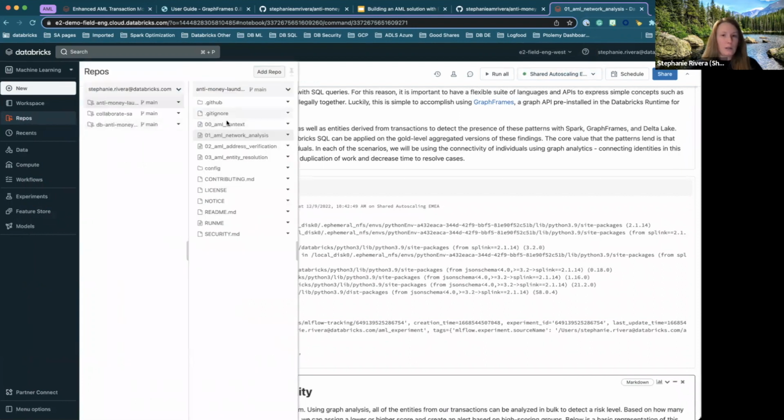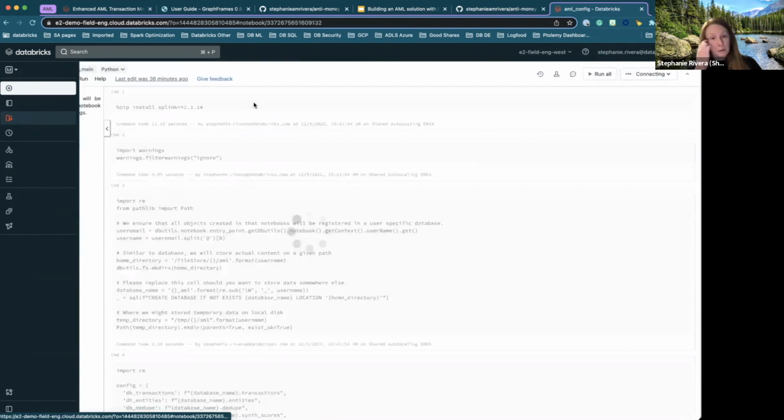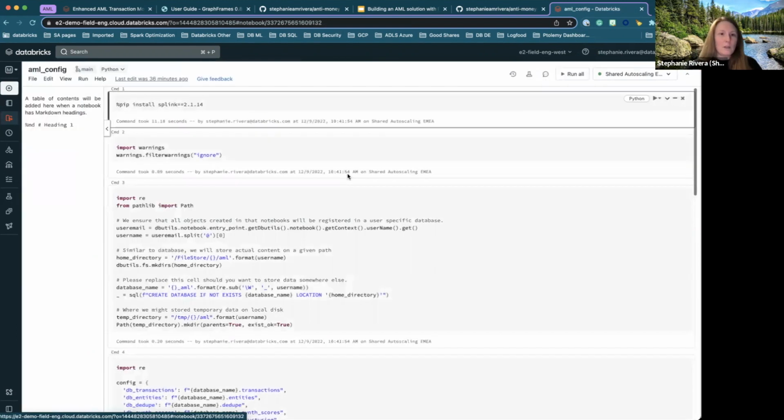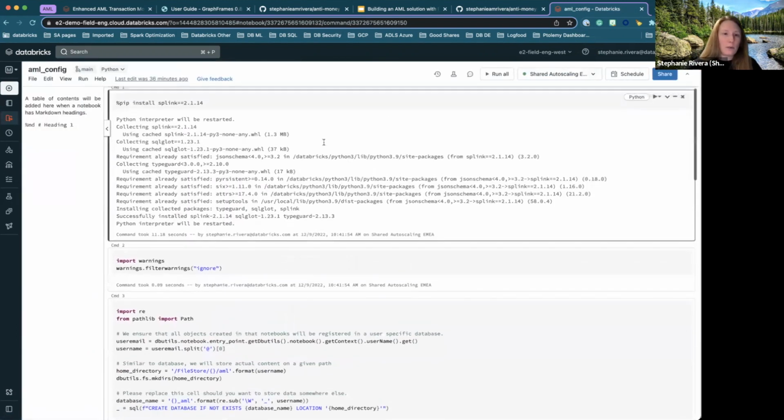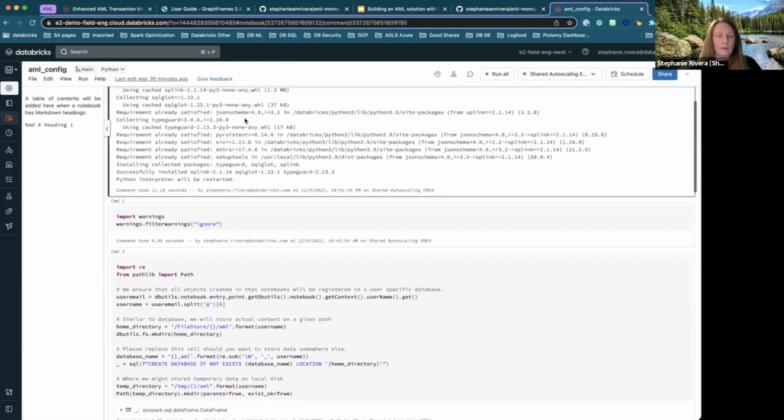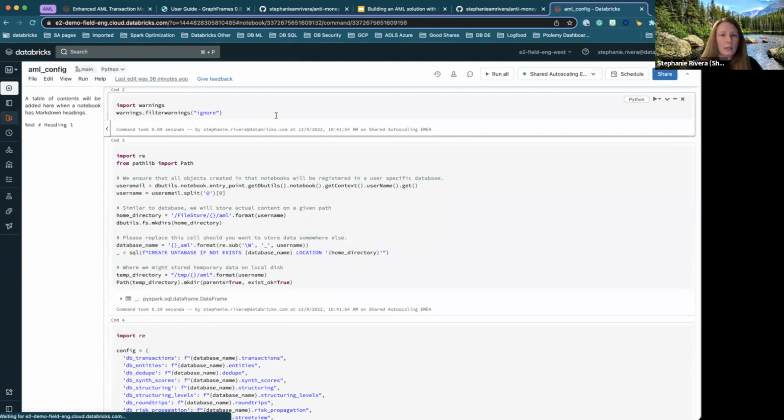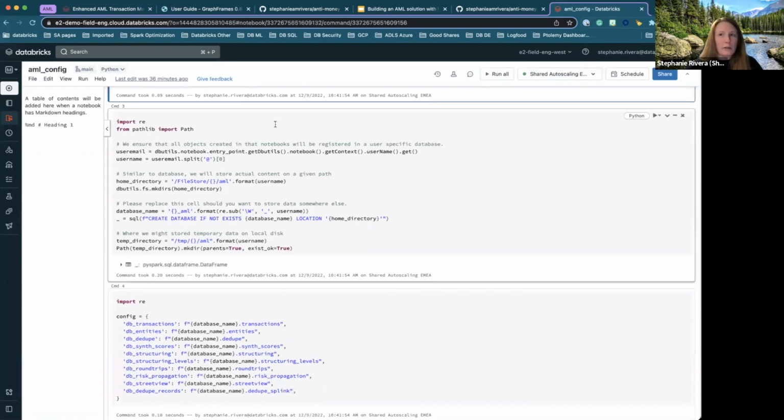So we'll jump in here. Again, it's installing any sort of extra things that haven't been installed yet. It's using a specific version so that everything stays compatible. And then you can tell that we've got the files just being set up.